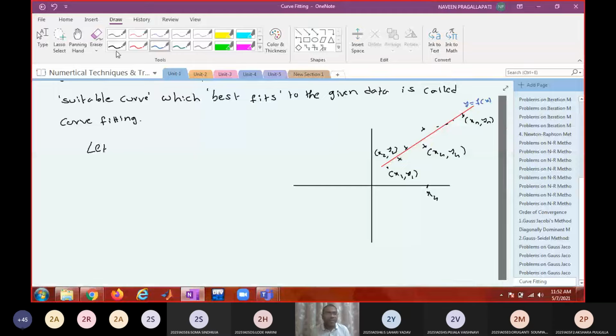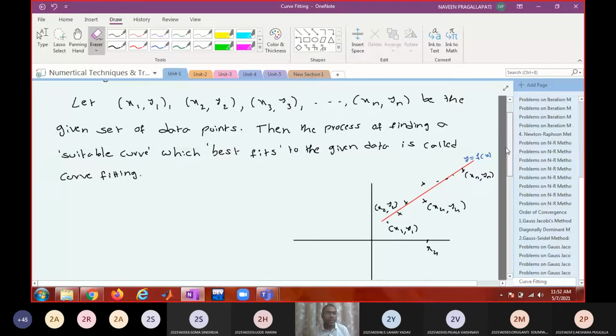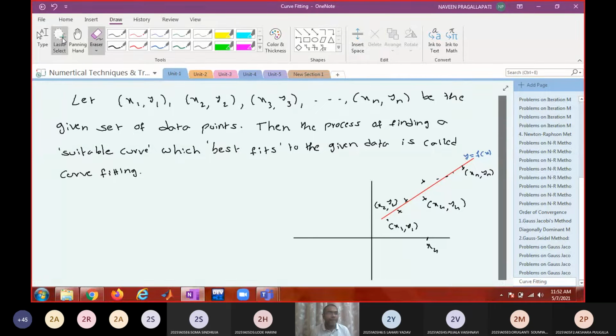So when you are trying to find a line, I will put this heading: straight line fitting.